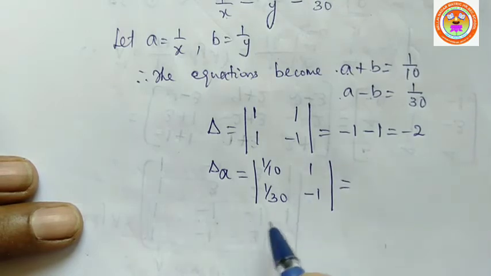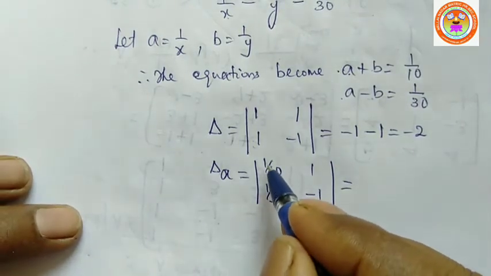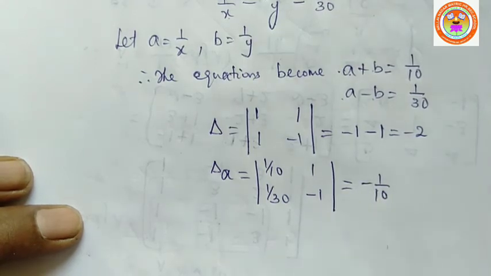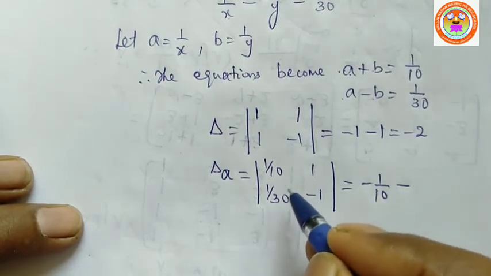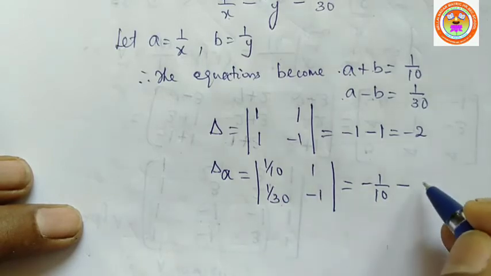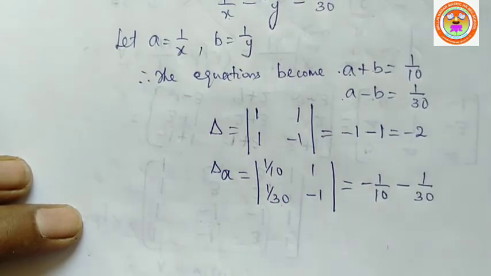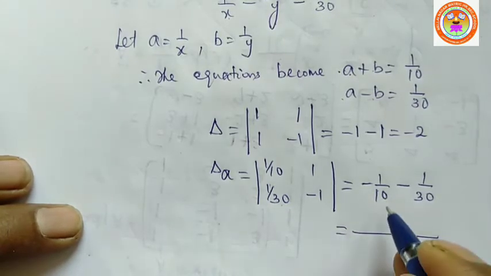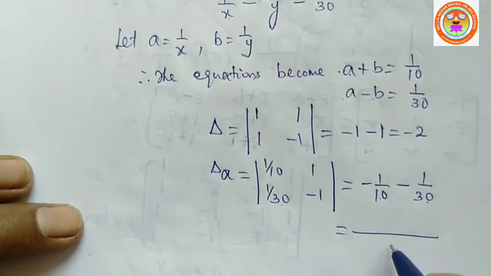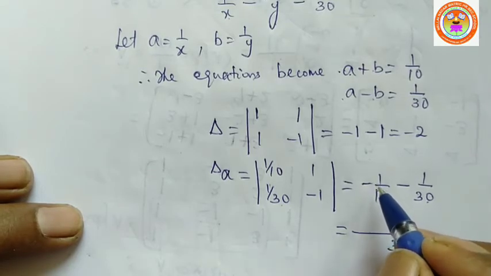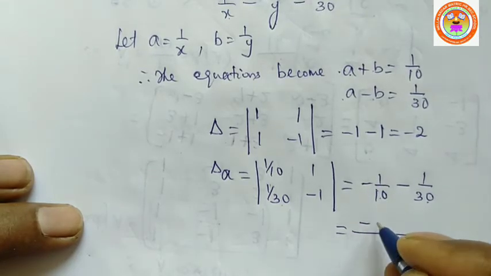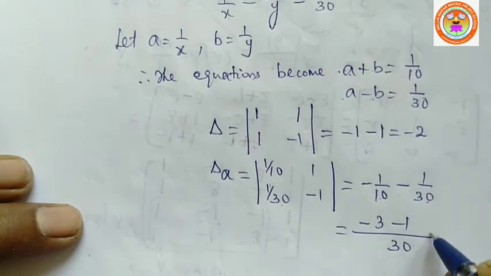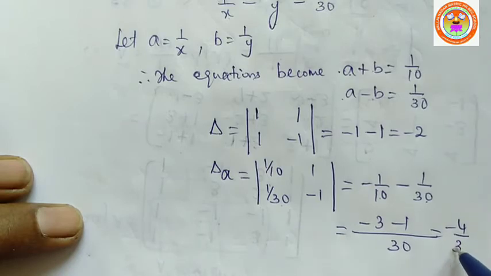When we are expanding this determinant, 1 by 10 times minus 1, that is minus 1 by 10, minus 1 by 30 times 1, that is 1 by 30. If you are simplifying, we take the LCM of 10 and 30, the LCM is 30. So here we want to multiply by 3, so minus 3, here no need of any term, so that is minus 1. That is minus 4 by 30.